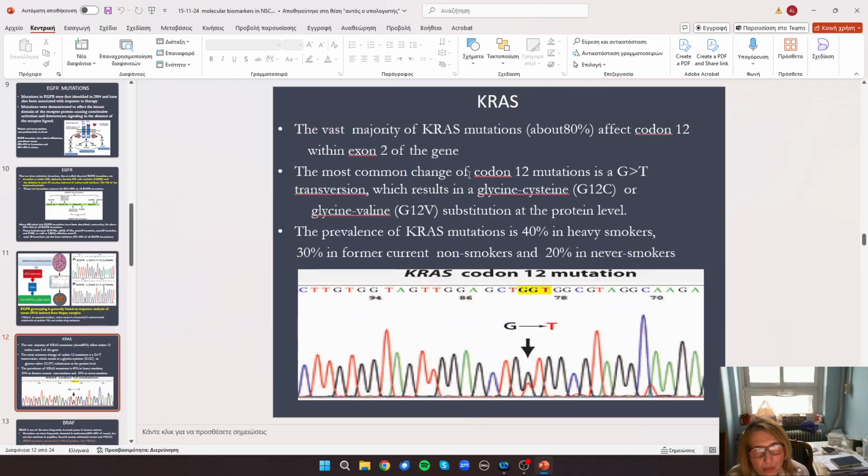KRAS mutations, about 80%, affect codon 12 within exon 2 of the gene. The most common change of codon 12 is the transversion of guanine to thymine, which results in glycine to cysteine or glycine to valine at the protein level.